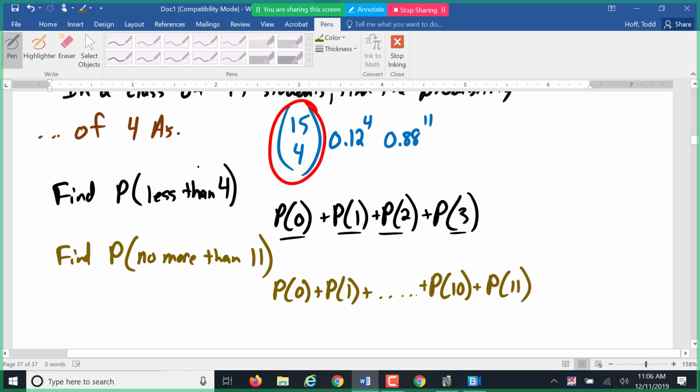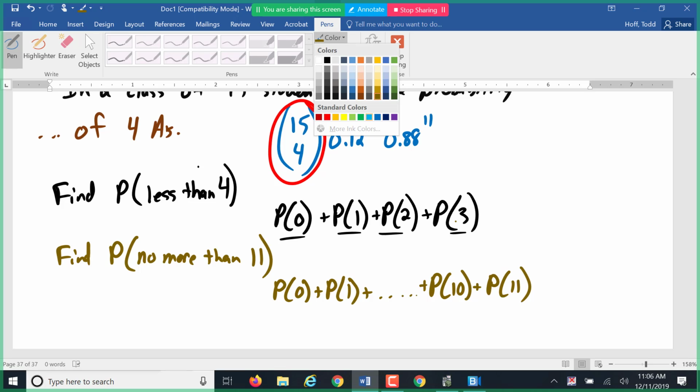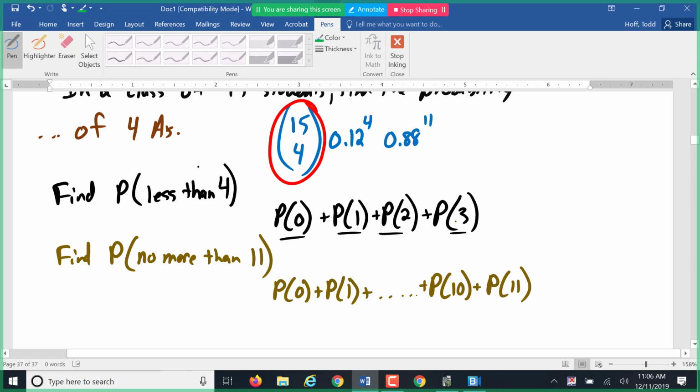If you include the probability of 0, there are 12 different probabilities that have to be calculated there. Well, we know that if we add up all the possibilities, if I add on to this the probability of getting 12 all the way up to the probability of getting 15, all of those probabilities have to add up to 1 because it's guaranteed that one of those is going to occur.